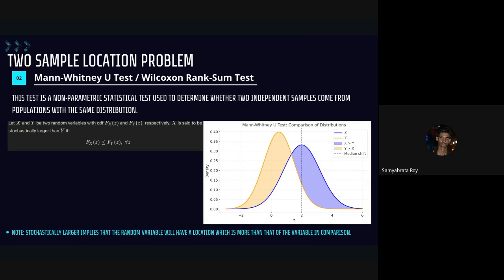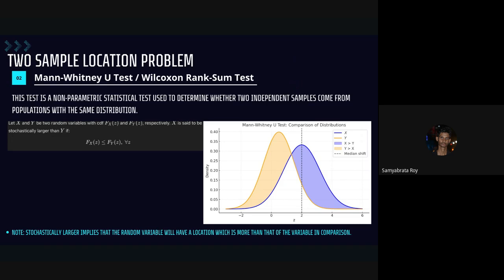We're going to check if the random variable x is stochastically larger than random variable y, which is simplified here like: if the distribution function for a particular value z is giving a higher value for x than y, it signifies that the prior random variable is stochastically larger than the later one. Stochastically larger means a random variable will have a location which is more than the other variable.